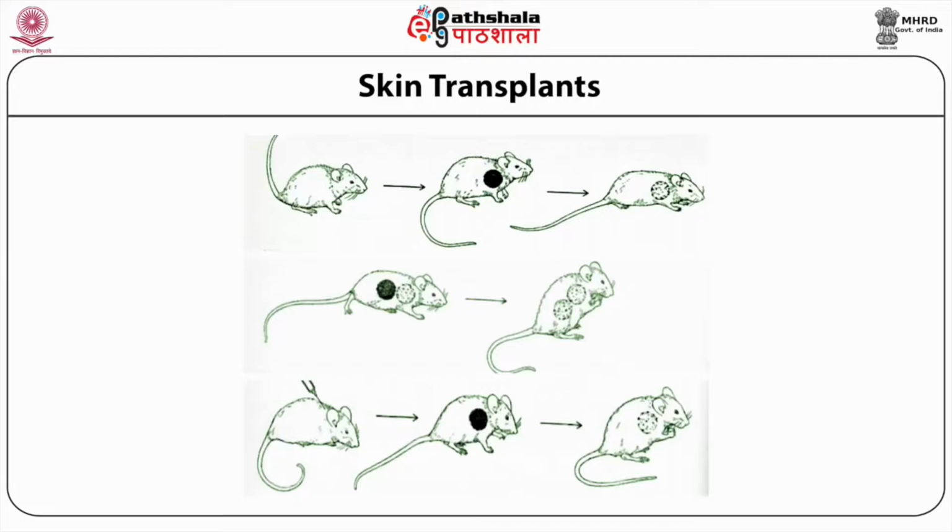Mouse which had a graft will also reject a second one from the same donor. Injection of lymph cells obtained from a mouse which had earlier rejected a graft is administered to a normal mouse. If this mouse later receives a graft from a brown mouse, it will reject the graft as rapidly as the mouse which had two grafts.